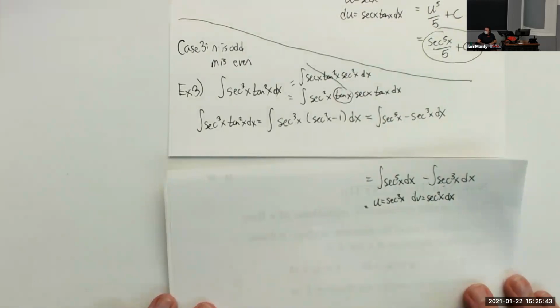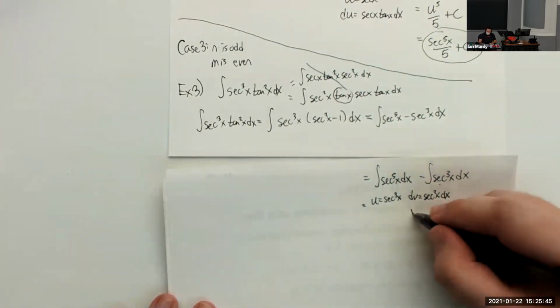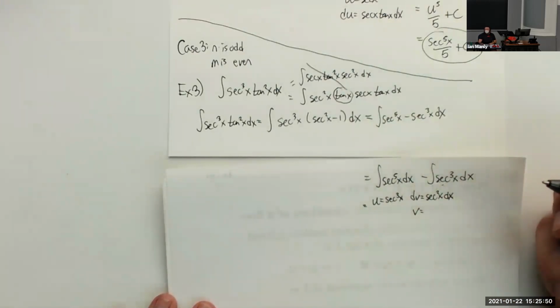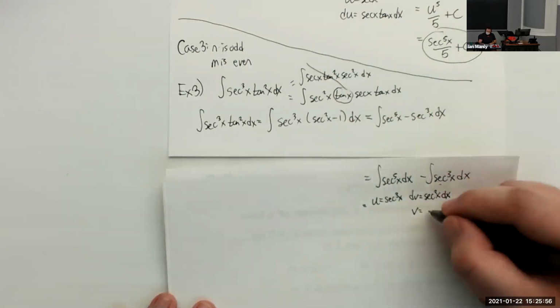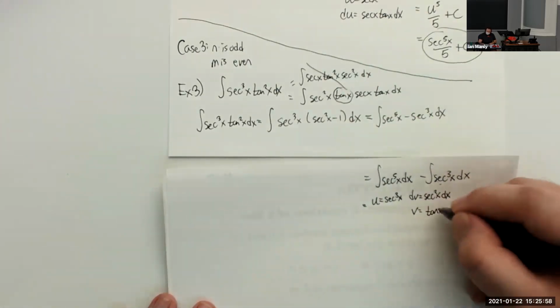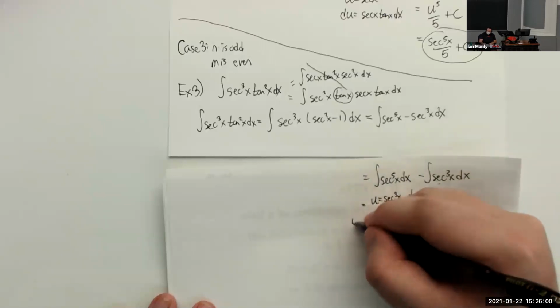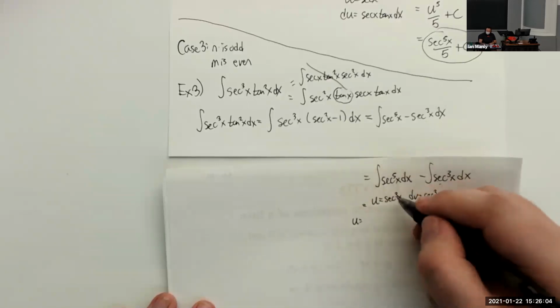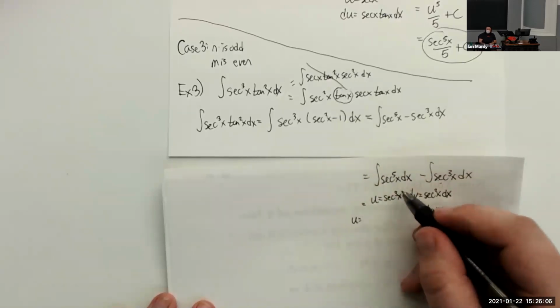Okay, now why did I split it up that way? Well, remember, whatever we put for our dv, we need to find the antiderivative, right? And the antiderivative of secant squared is going to be tangent. So at least we have a nice antiderivative here. Unfortunately, there's no way to get around this. We're going to have to do kind of an icky chain rule for this. So my outer function is cubed.